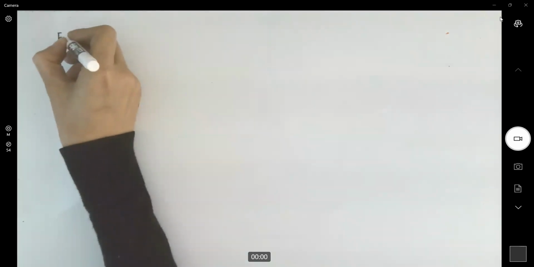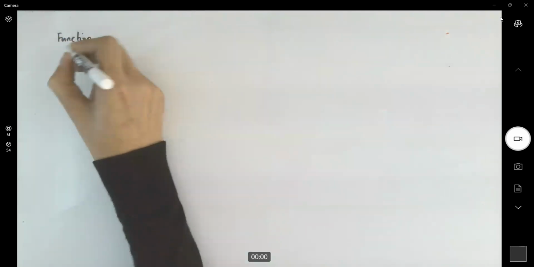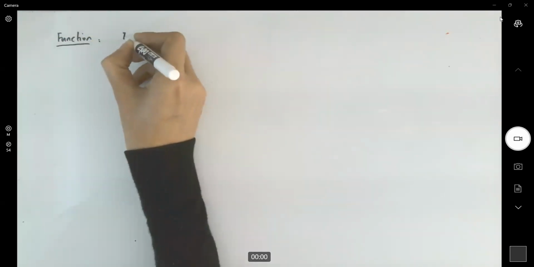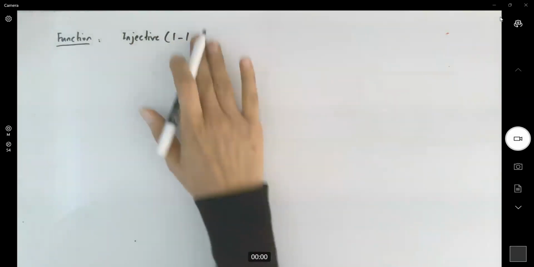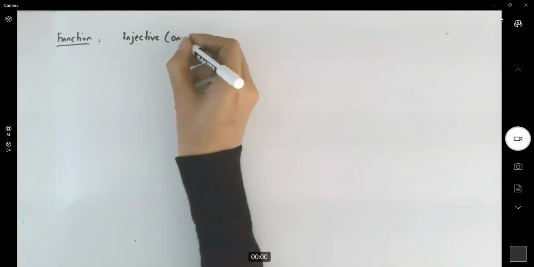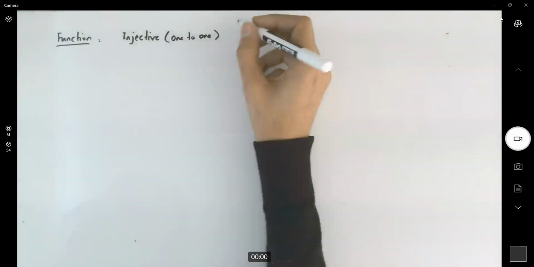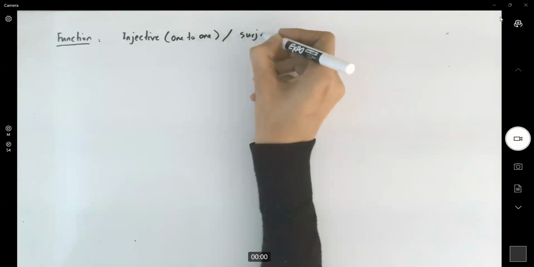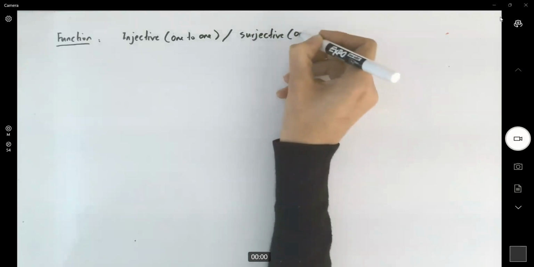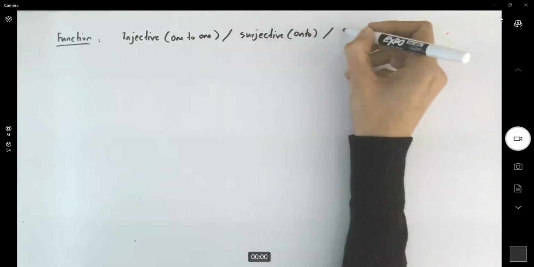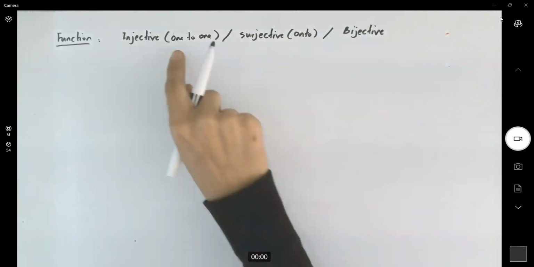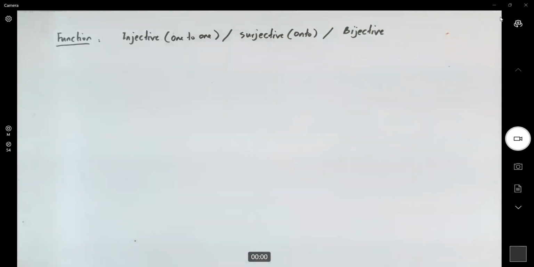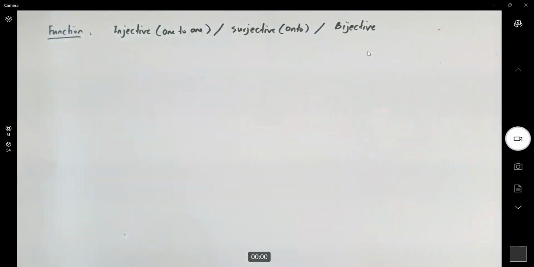So a function can be injective or one-to-one, or it is surjective, onto, or bijective, which is one-to-one and onto. So let us define each one of these separately and go over examples.